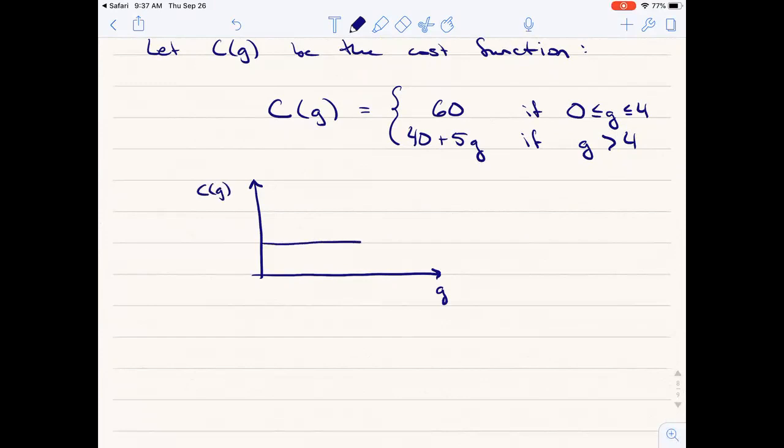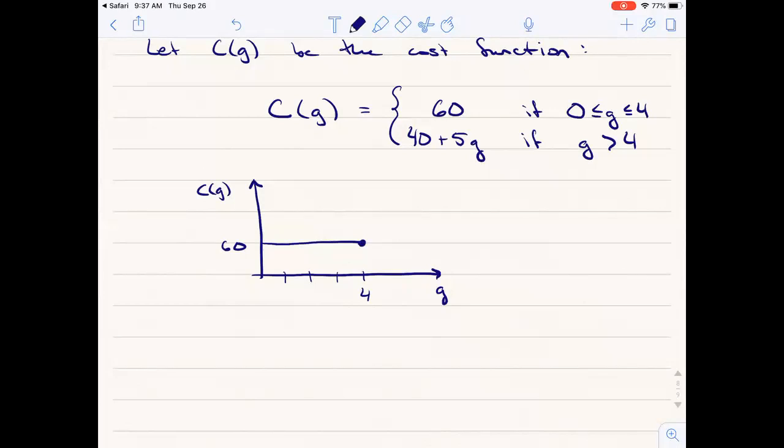Picking an arbitrary point, let this be 60. Then this point is at 4, so we've got 1, 2, 3, 4. This was up to and including G equals 4.